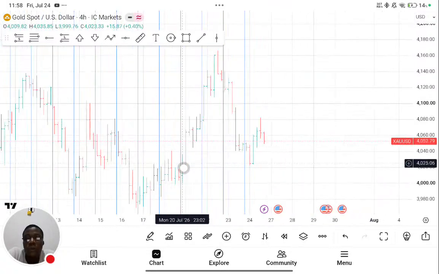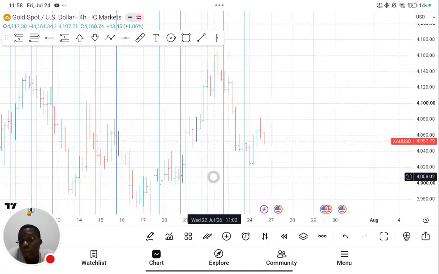Since we are not privileged to be on the trading floor, this technology, the whole interface about the charts, we have it easier today than those before us, because back in the day, before you were able to place a trade, you had to go to a trading floor and book a trade.